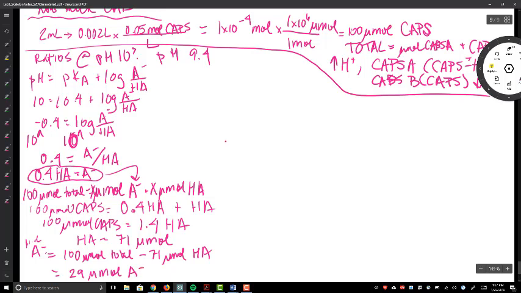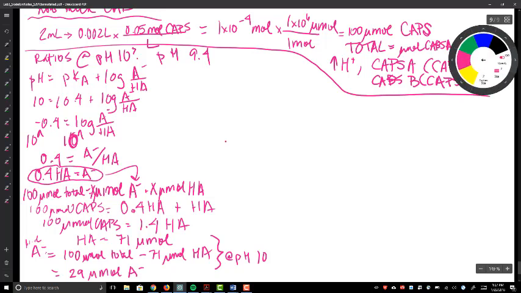So at pH 10, we have 71 micromoles of HA and then 29 micromoles of A minus. So then the reaction is effective until a pH of 9.4. So then what we have to do is figure out how many micromoles of HA and how many micromoles of A minus we're going to have at pH 9.4.